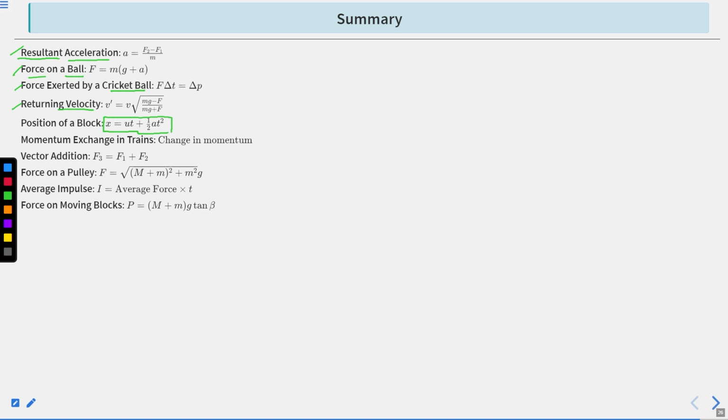Momentum exchange in trains based on the change in momentum concept. Vector addition F3 equals F1 plus F2. Force on a pulley. Average impulse and force on moving blocks. So these concepts and questions we learned in today's lecture. Thank you.